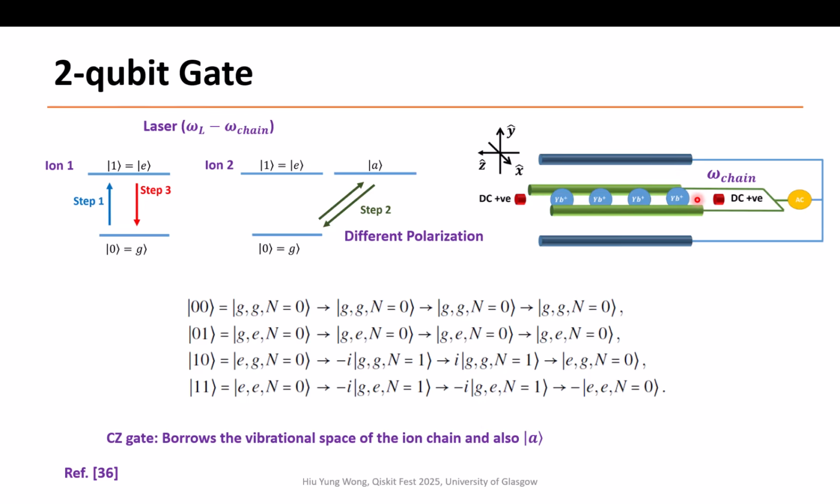So they have vibration. They have phonons. If they cool down, they don't have vibration. If they have 1 unit of vibration, then we have 1 unit of energy. And this at the end here, n equals 0, n equals 1, just like a simple harmonic oscillator. And what you do is that you shine a laser that is red-shifted, what we call redshift.